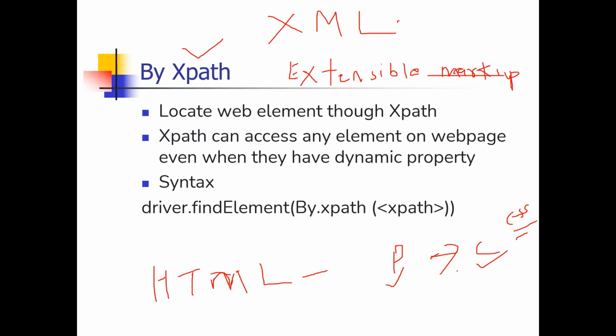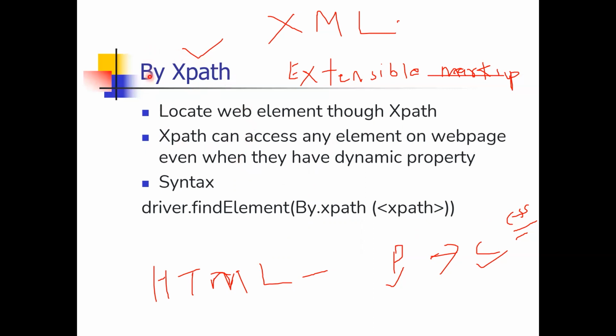But XPath allows the flow in both directions, from parent to child and also from child to parent. That doesn't happen in the CSS selector. Otherwise, both are good, and performance-wise both are approximately the same.